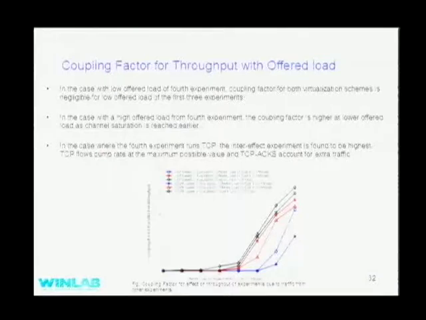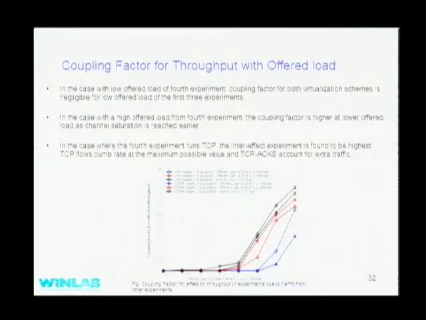So this is the coupling factor for throughput, where we are using the virtual access point to take these measurements, and also a virtual access point and SDMA with 4 clients, the same scenario. On the x-axis, we are varying the offered load for the first 3 experiments, and we plot the coupling factor for different scenarios of the 4th experiment.